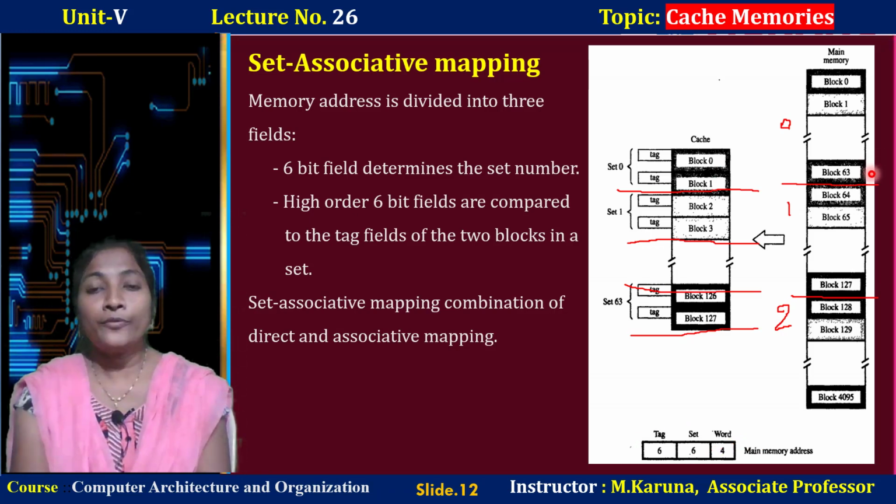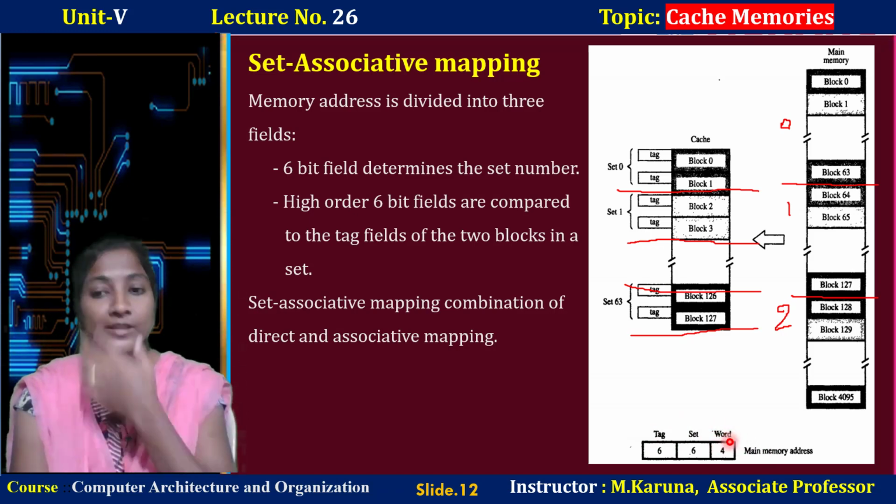Before reading any data from the cache, the required data is transferred from main memory to cache memory. Now the processor accesses the information from the cache memory with the help of main memory address bits. This entire address is divided into 3 fields.